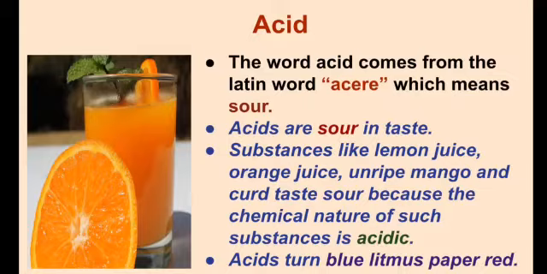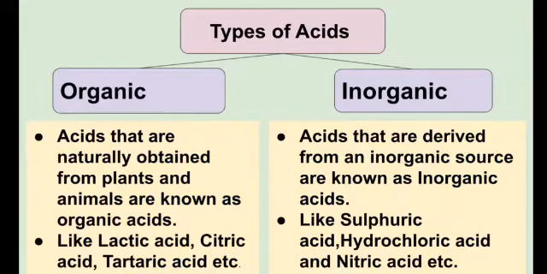Now we'll discuss types of acids. Acids are found in two forms, right? Organic and inorganic. Organic means natural. The things which we get from nature are called organic, right?